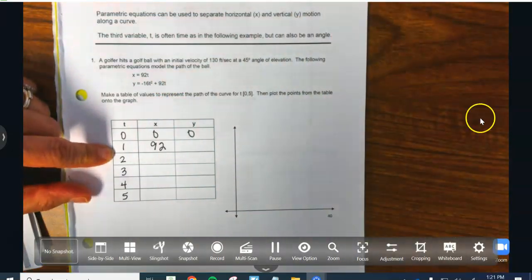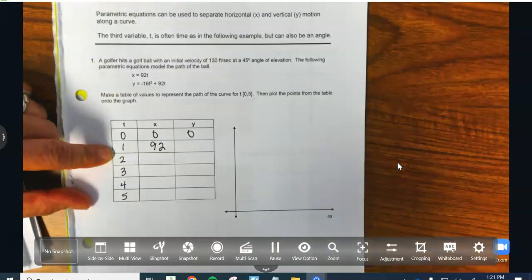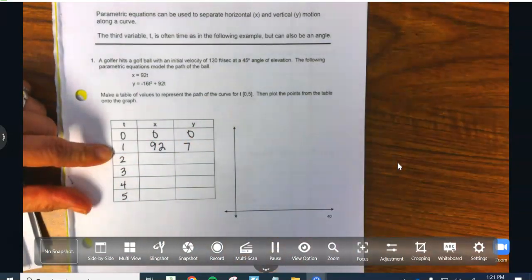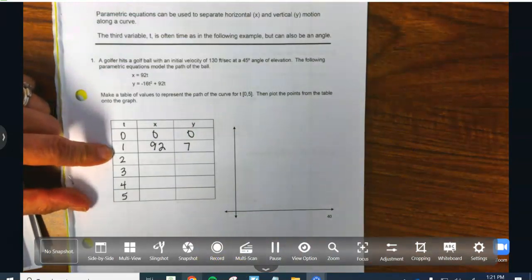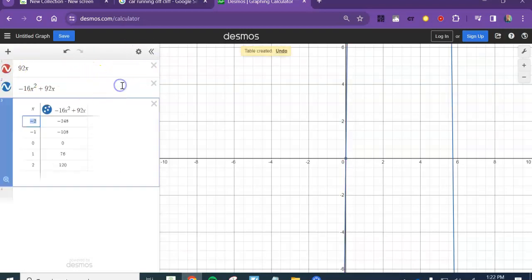That's going to turn into 76, I think. But I'm just going to go over here, plug this stuff in and get my tables. Right here, I'm going to input a table. And that was 76. I was right.